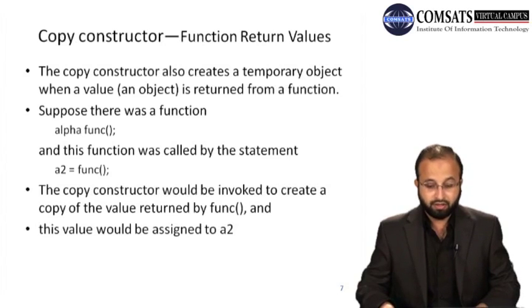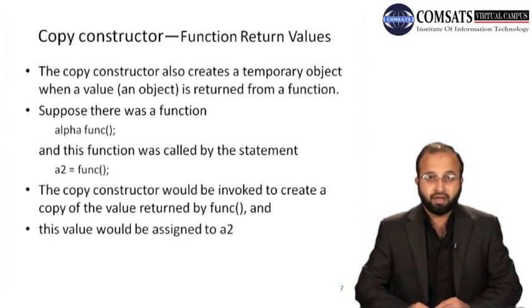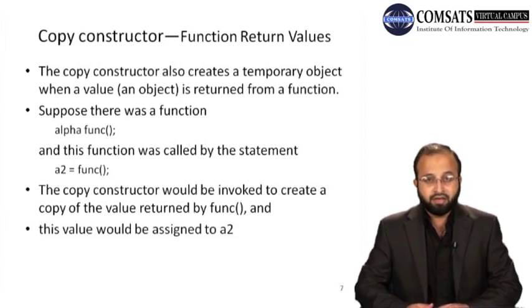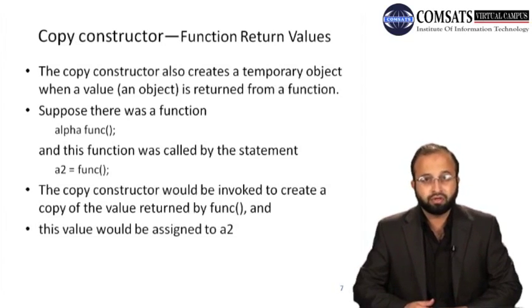So these are the 3 points where a copy constructor is invoked. The first point is whenever you are going to create a new object of a class A, let's say, and you are initializing that object at the same time with another object of the same class, that is class A. The second point where the default copy constructor is invoked is when you are passing an object by value.